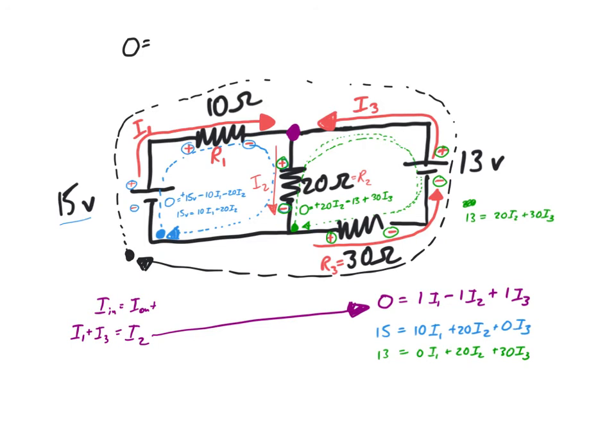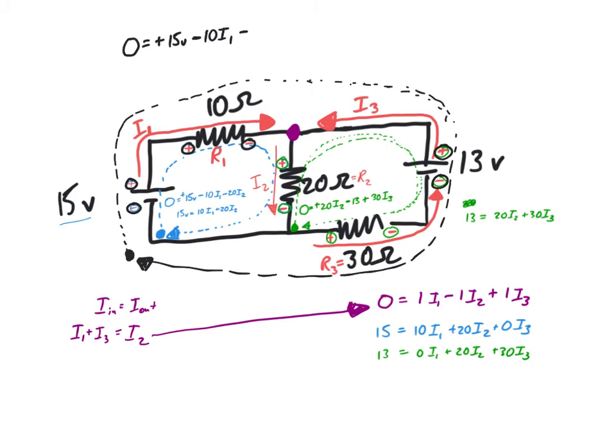We're going across the 15 volt first, low to high, plus 15 volts. Next, the resistor 1, positive to negative. That's negative 10I1. Next, keep on going around. 13 volt battery, but we're going from the high to the low.